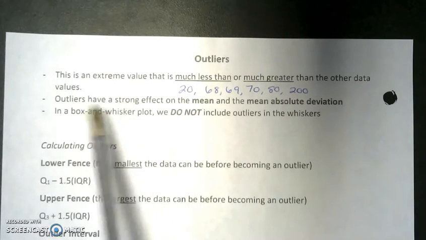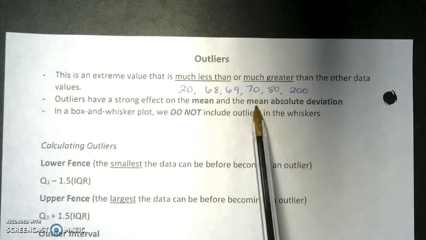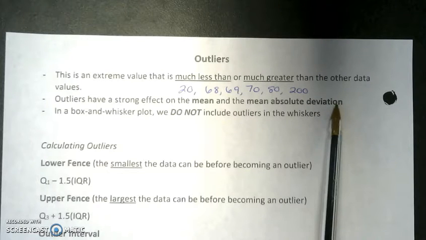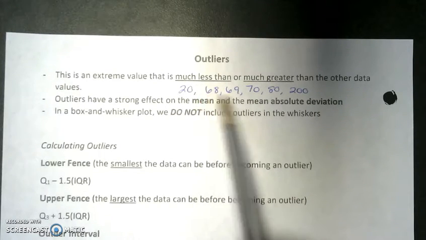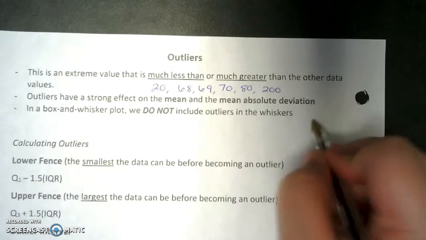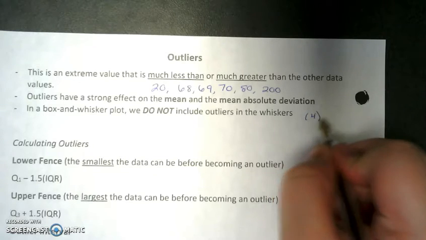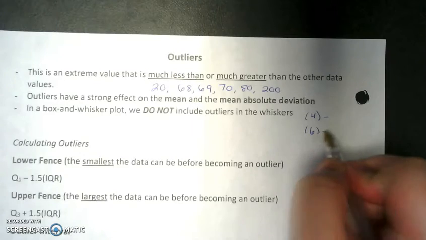The thing about outliers is that outliers have a very strong effect on the mean, and this also affects the mean absolute deviation. Now, the easiest way to notice is that I'm going to take the mean of just the 4 numbers. So off to the side, I'm going to say the mean of the 4 numbers, and then the mean of all 6 numbers together.